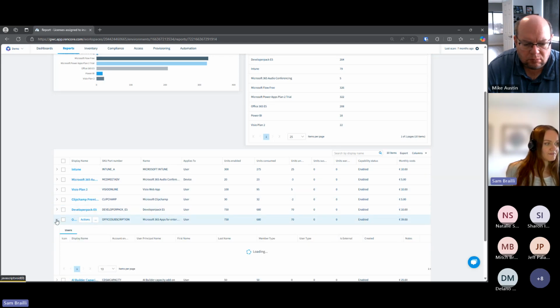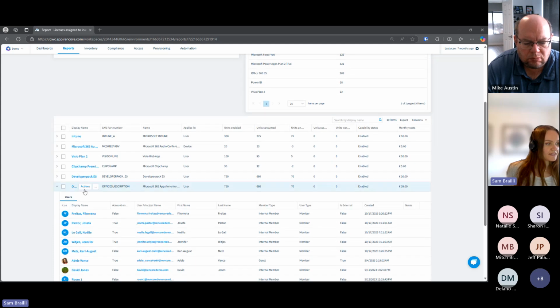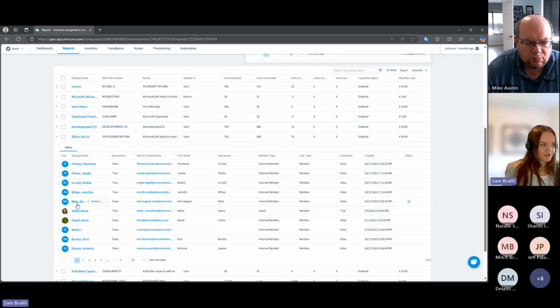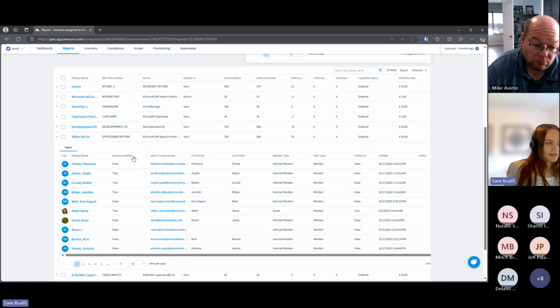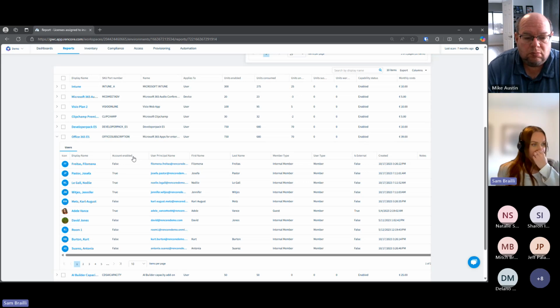So if I'm going to drop down here, you can see the Office 365 E5 licenses have been assigned to all of these users. Now you can see this section here says account enabled. So essentially, are they an active account? We've got multiple ones here that are false. So we've now got wasted licenses because they're assigned to an inactive user.